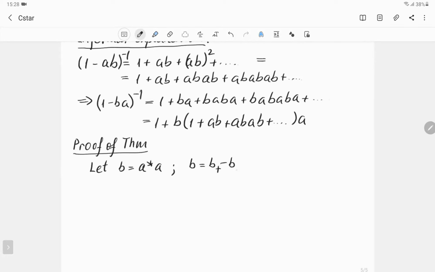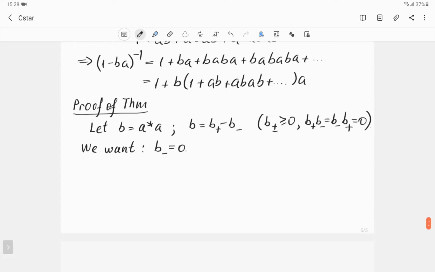So clearly B is self-adjoint. So we can write it in the following form, where B plus and B minus are positive, and their product is 0. So we want to show that B minus equals 0. In this case, this will mean that B is positive.